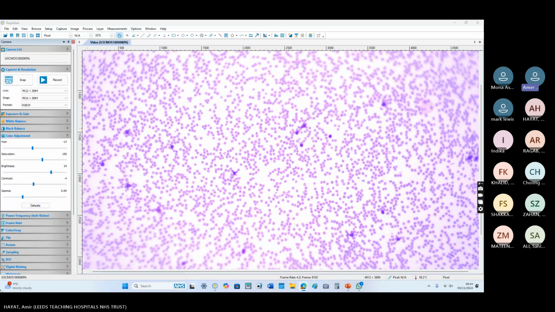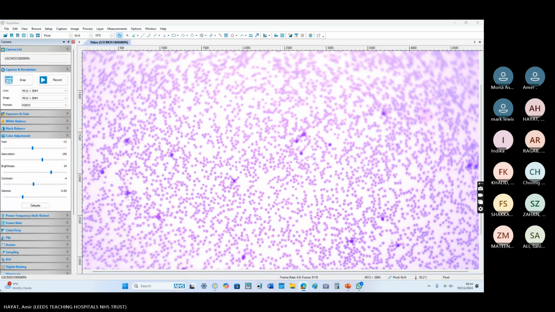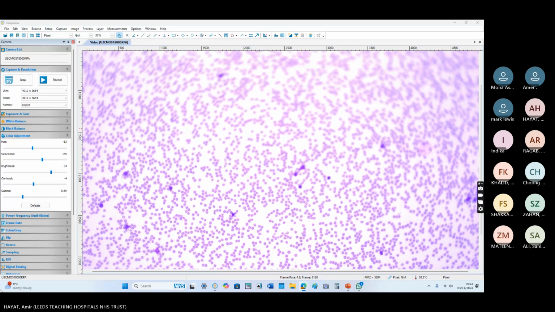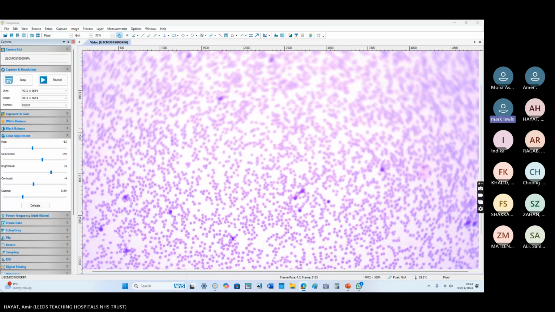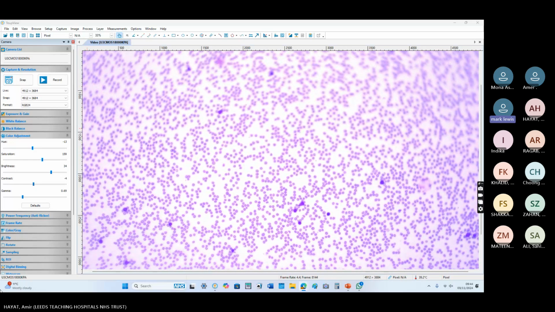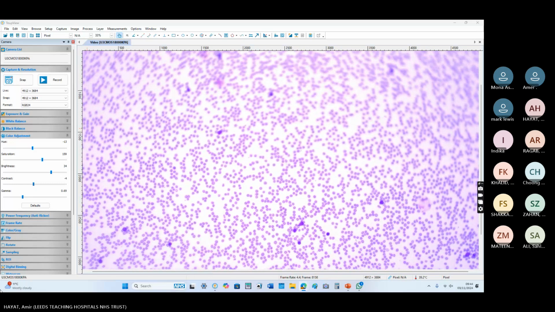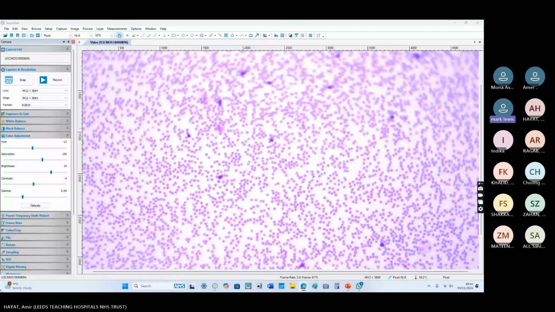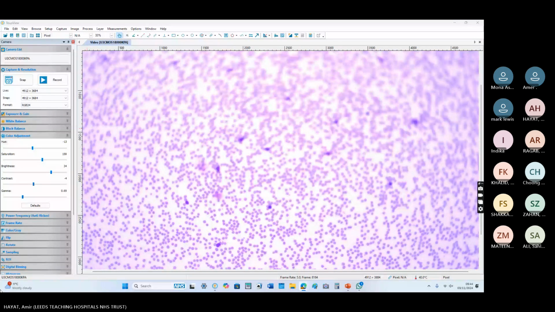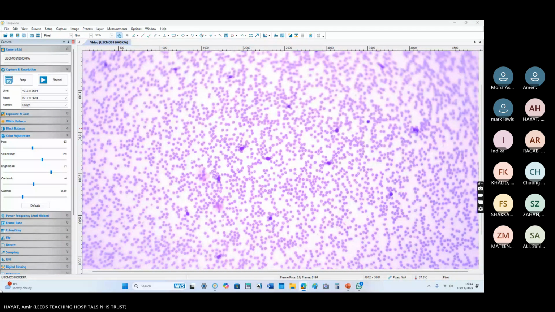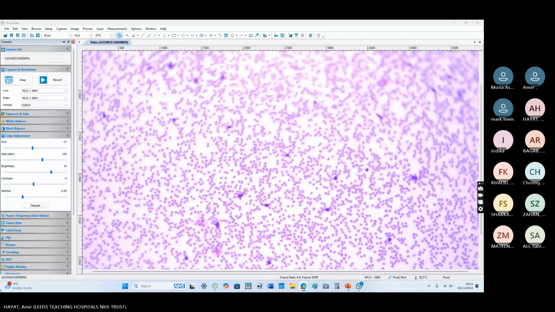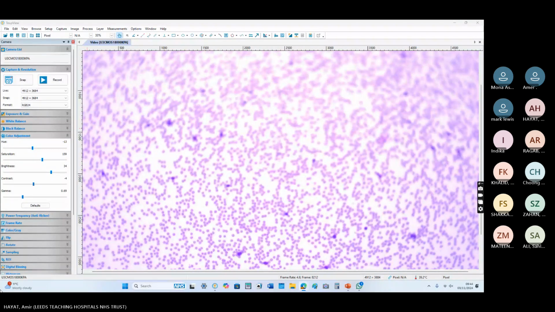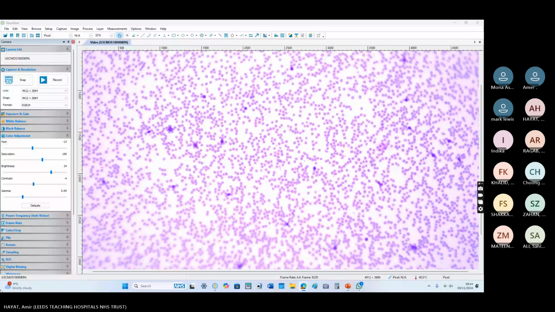So this is power 10. There's marked leukocytosis again. His platelet count is also low. The blast cells there. Let's go to 50 then.